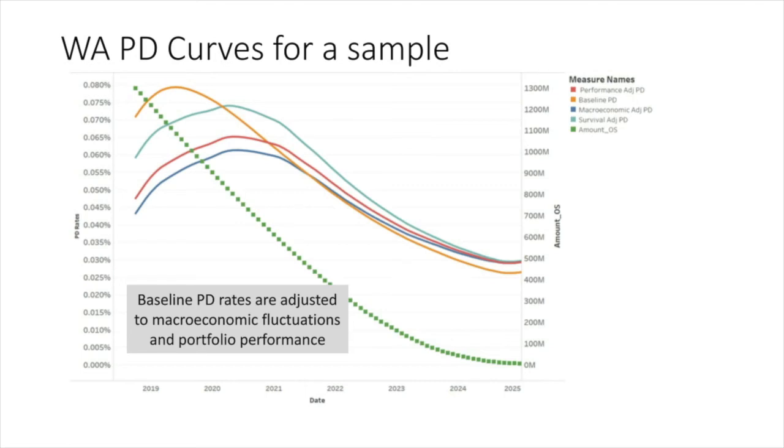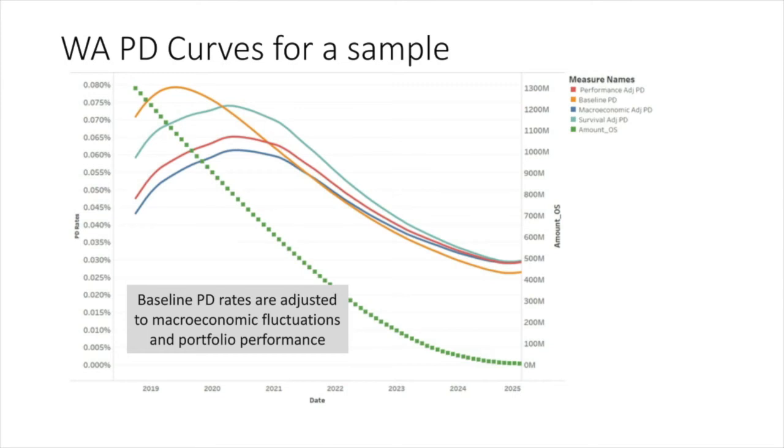To begin with, we have the orange line, which is the baseline PD, the PD expected to flow out of this portfolio based on historical default rates.